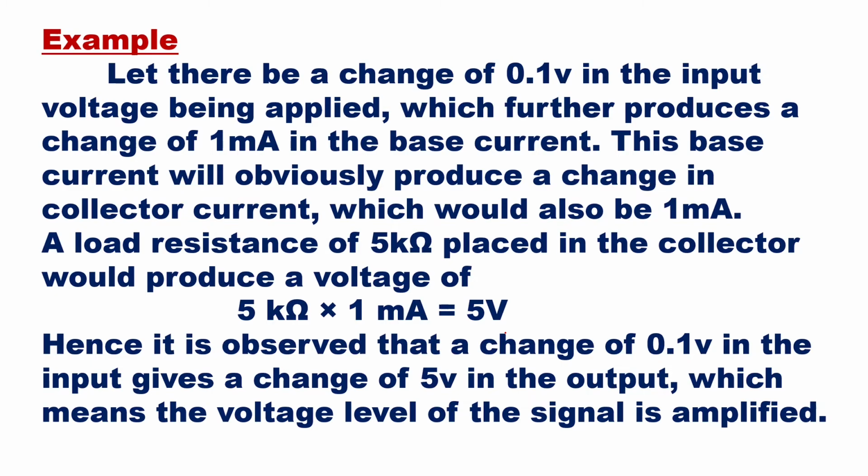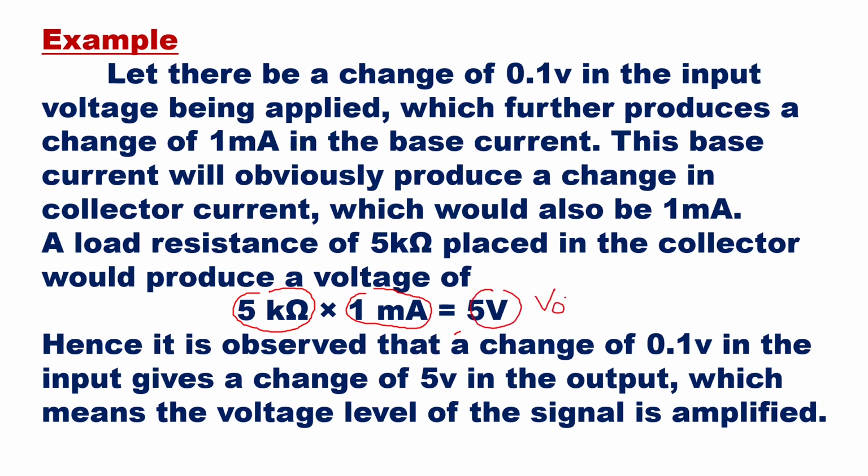A load resistance of 5 kilo ohm is placed in the collector region that will produce a voltage. That voltage will be 5 kilo ohm multiplied by 1 milliampere collector current, which will be equal to 5 volt, as shown in the circuit over here. So here you can see that the 5 kilo ohm load resistor multiplied by 1 milliamp collector current will give you 5 volt at the output.